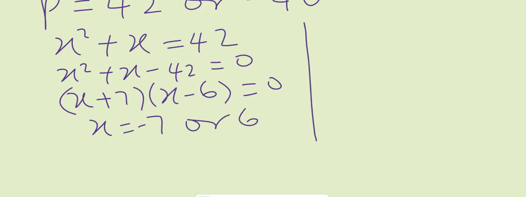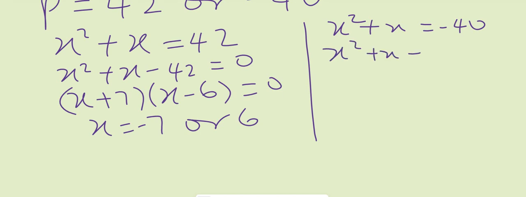Let me check the second one. x squared plus x equal minus 40. So I have x squared plus x plus 40 equals 0. Looking at this, this will not give you a real root. You're going to have complex roots, which does not satisfy what we are told to do.